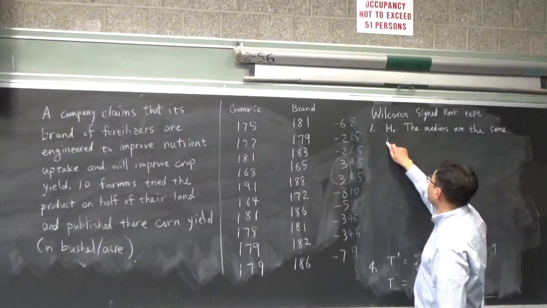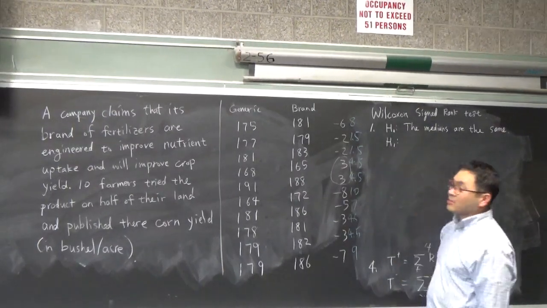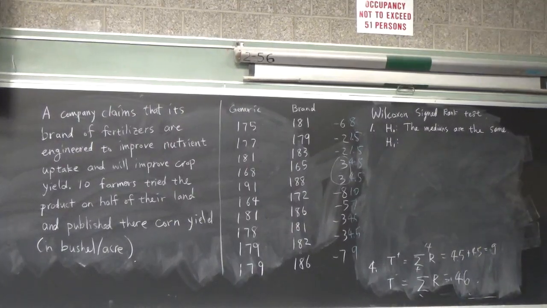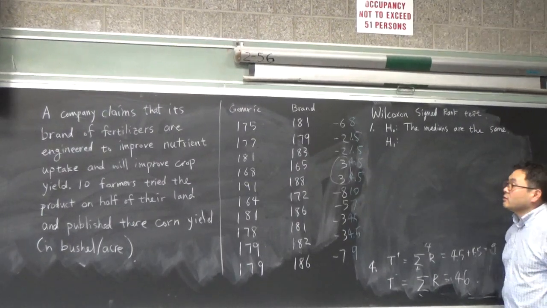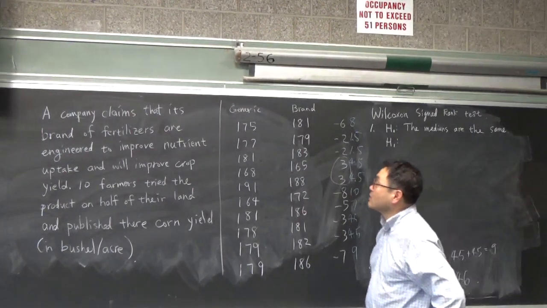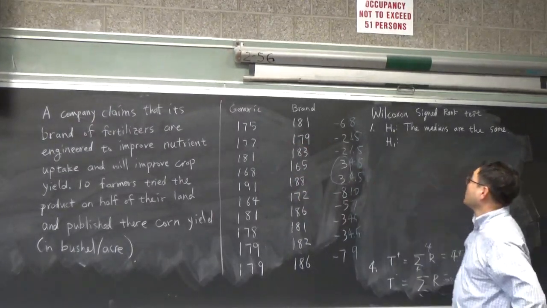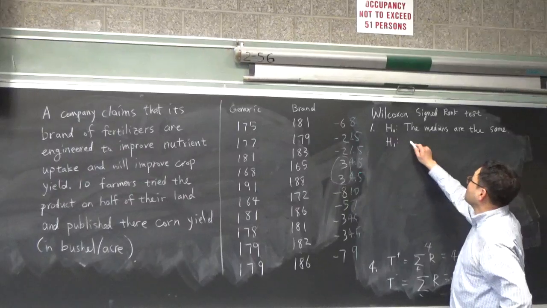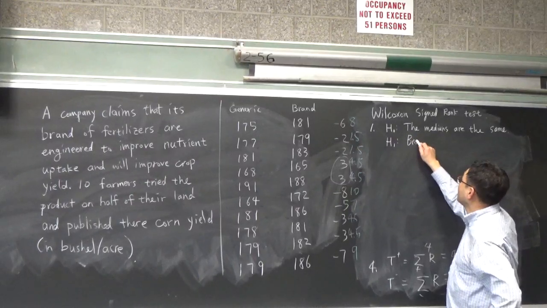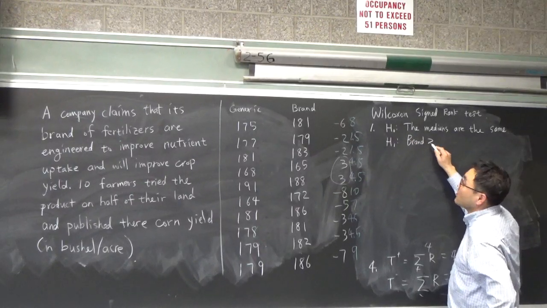And the alternative is that they're not. But you can use a two-sided test or one-sided test. So if you're using the one-sided test to prove that brand name is bigger than generic, you're going to say that the median of brand is bigger than generic.